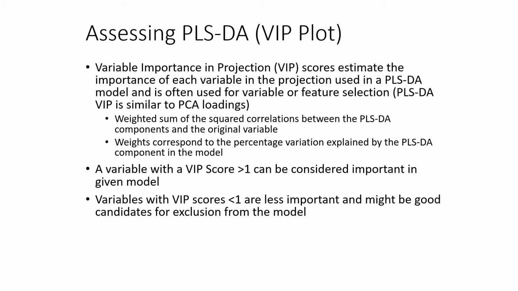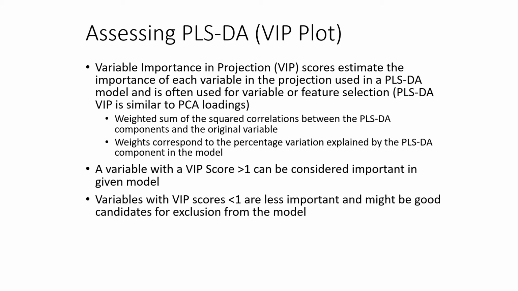Now, in addition to analyzing the quality of a PLSDA plot and how rigorous or how well validated it is, we can also extrapolate other information from PLSDA. And one of these is using what's called the variable importance in projection plot. And this allows you to look at individual components, in this case individual metabolites or genes or proteins, and how much they contribute to the PLSDA model.